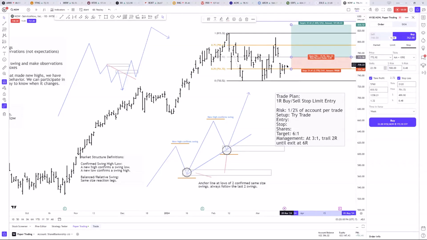So let me just talk a little bit more about the rules of my method here. We want the market to take us in. If it gaps above it, we don't get filled. It turns into a limit order. We want this level, period. There's no chasing. Every order is regular trading hours. If price makes a new low before it hits our entry, the order's canceled.